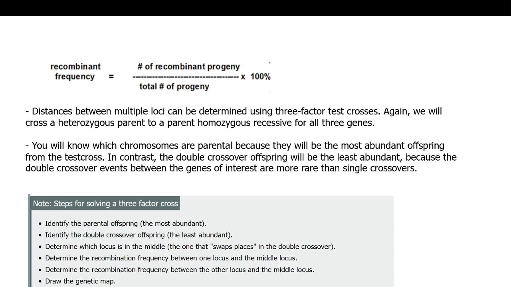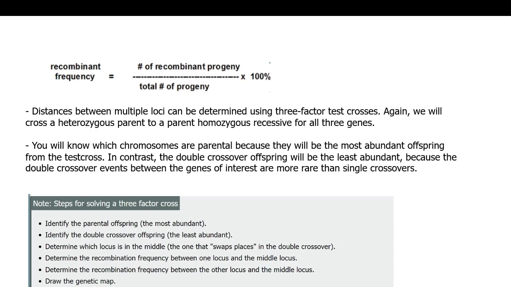And then again you determine the distance between the other locus, for example C, and the middle locus, that is B. First you determine the recombinant frequency of A with B, which is in the middle, and then you determine the recombinant frequency of B with C, and B is again in the middle. Then you draw a genetic map, showing what is in the front, what is in between, and what is in the end.